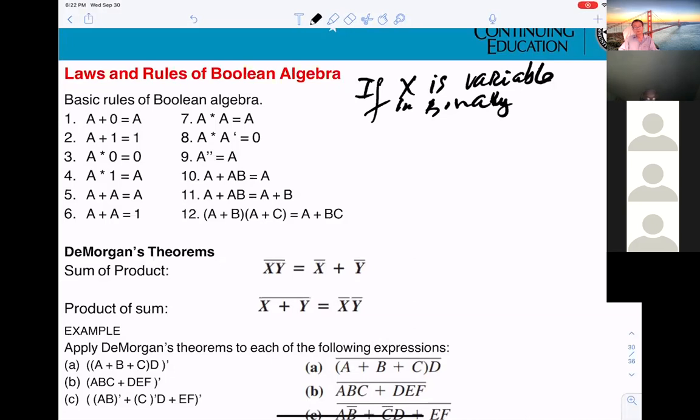Zero or one. Yeah, you understand in binary you only get two numbers. They are either 0 or 1. So in binary, A equals 1 or 0.